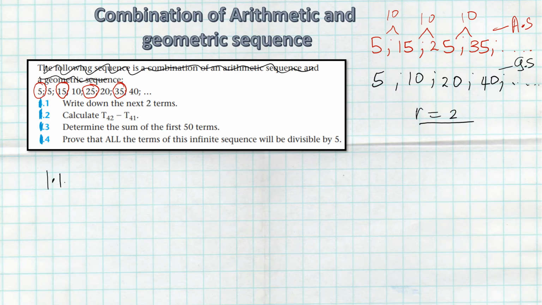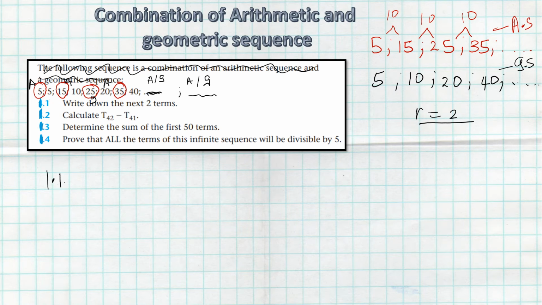But before writing down the next two terms, we have to know whether the next term that is following here is going to be arithmetic or geometric. How do we determine? It's very simple. We already know that the one in red is arithmetic, the one in between is geometric.